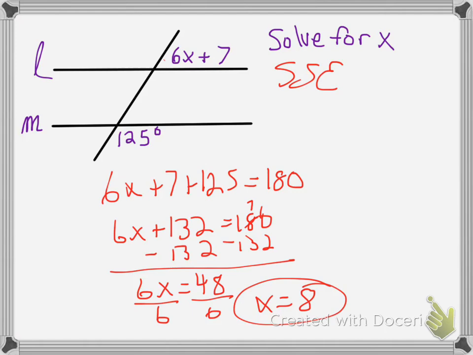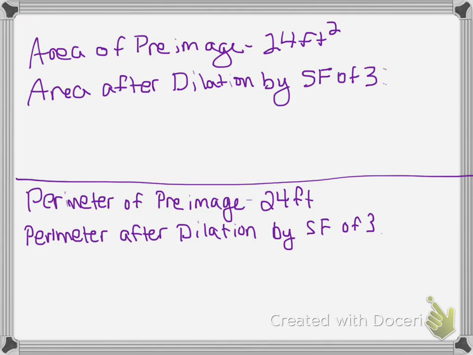Alright, and the last one was the effects of a dilation on the area and the perimeter of an image, or pre-image. So here we've got the area of a pre-image is 24 feet squared, and we need to know what the area after the dilation by a scale factor of 3 is. The rule that people forget is that when we're talking about the area, we multiply times the scale factor squared.